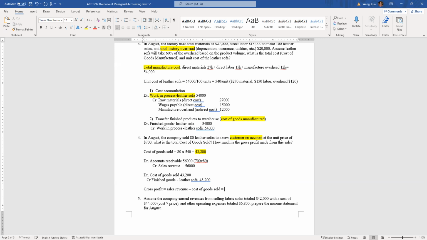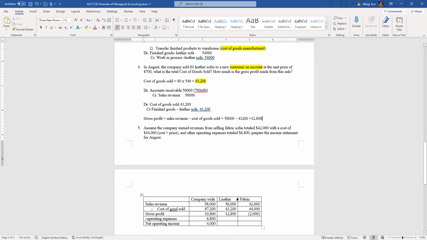So for this sales transaction, we have the 56,000 sales revenue minus the cost, and you get $12,800, right, for gross profit, before considering any other operating expenses. So the direct profit we earned from selling the 80 units of the leather sofas is 12,800.